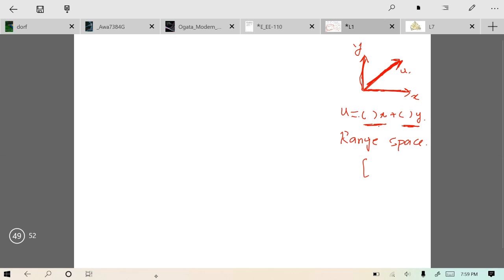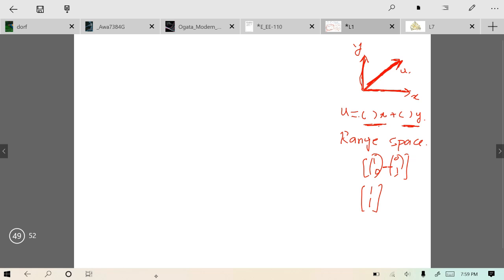For example, if I have 1 0 and 0 1, there is a vector 1 0, there is a vector 0 1. These both are orthogonal vectors. We can make another vector by adding these two: 1 plus 0, 0 plus 1, giving 1 1. This 1 1 is another vector which is the sum of these two vectors.